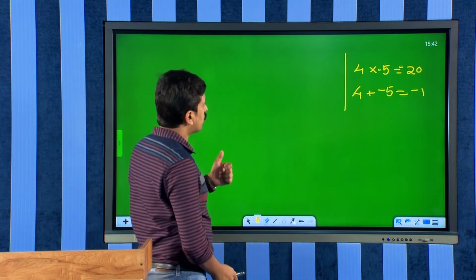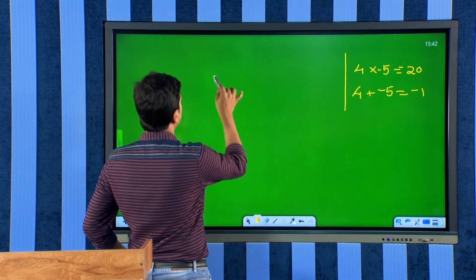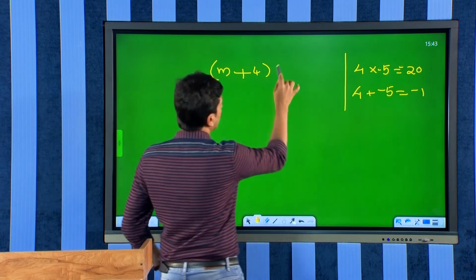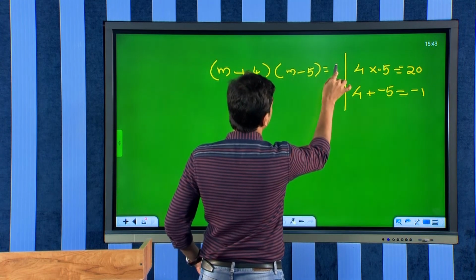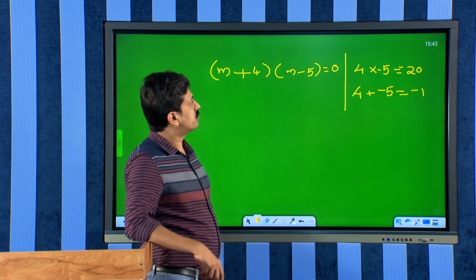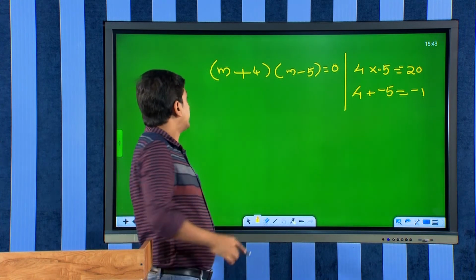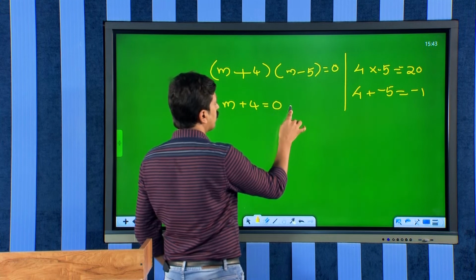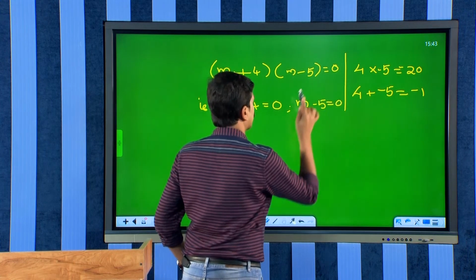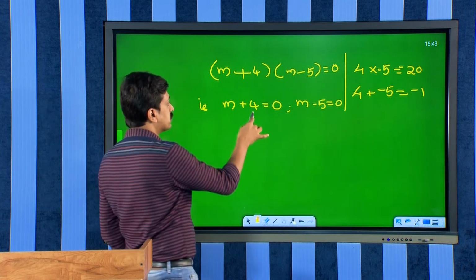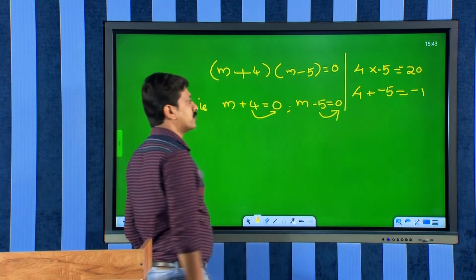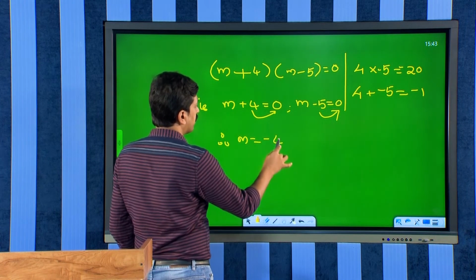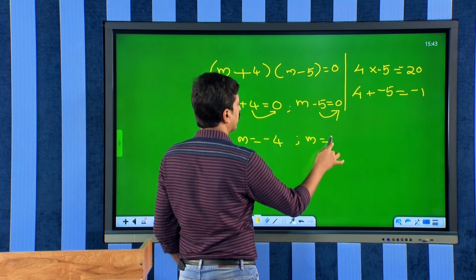So we can write the auxiliary equation as m plus 4 into m minus 5 equal to 0. So m plus 4 equal to 0 or m minus 5 equal to 0. Therefore m is equal to minus 4 and m is equal to 5.